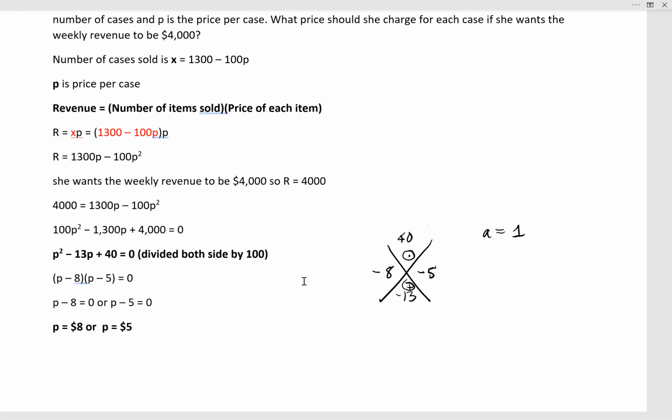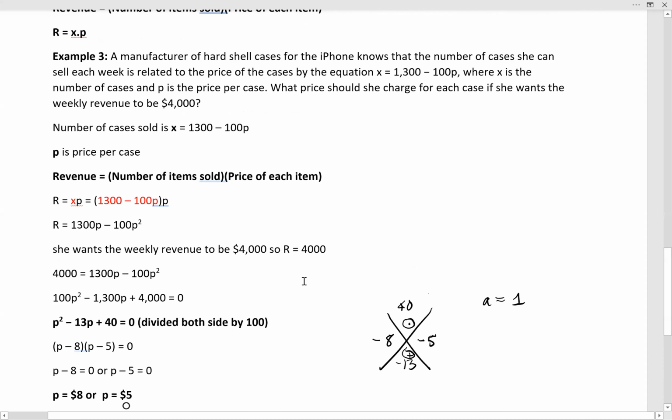Okay, so either p equal to 8 or p equal to 5 will give you the revenue value of 4,000.